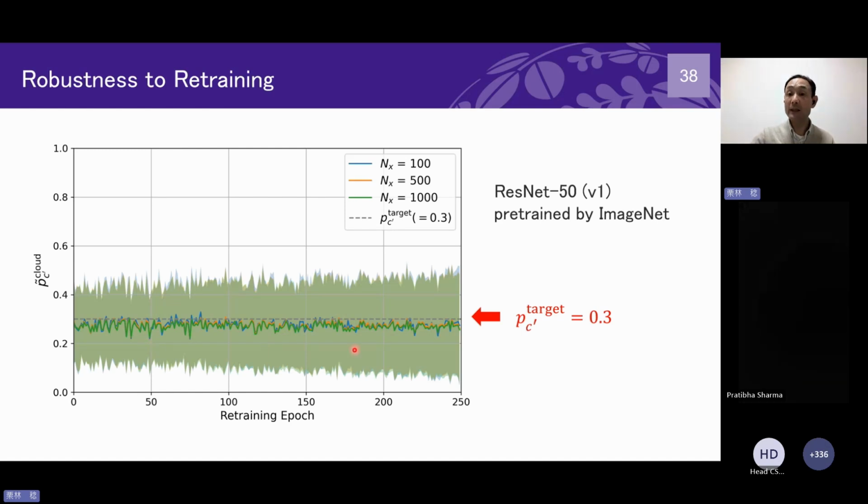But even in such a case, the mean of the target class probability is still close to the predetermined probability. Therefore, it is still possible to make the ownership verification in this case.